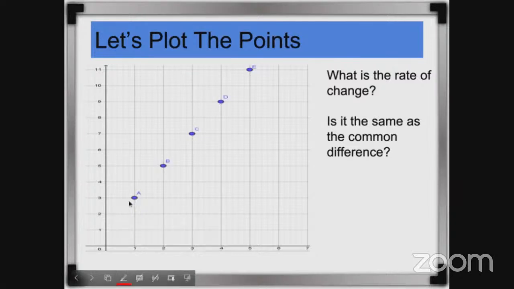If we were to look at from here to here and look at the difference, we know how to find the gradient. The gradient is rise over run. So you have 2 divided by 1, which would give us 2.